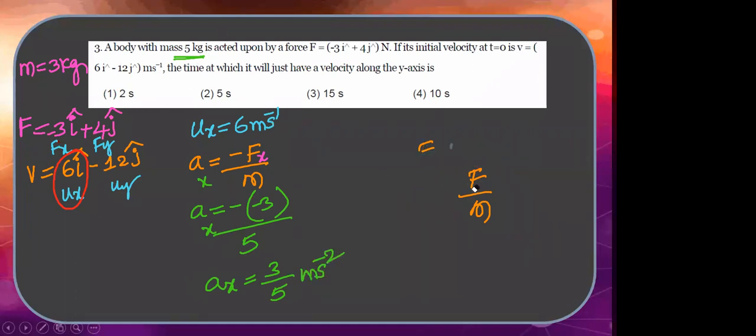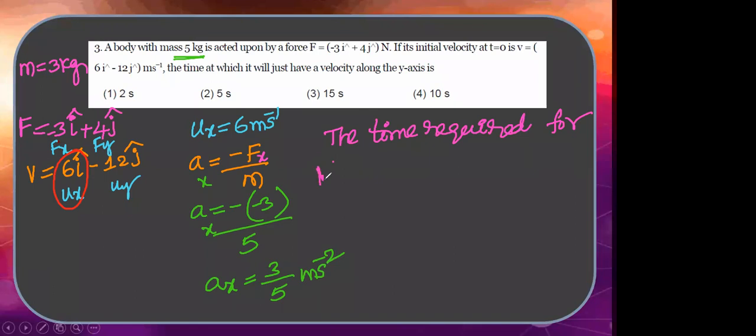Then we have to calculate the velocity on the y-axis, which means the time required for the velocity along the x-axis to become 0.